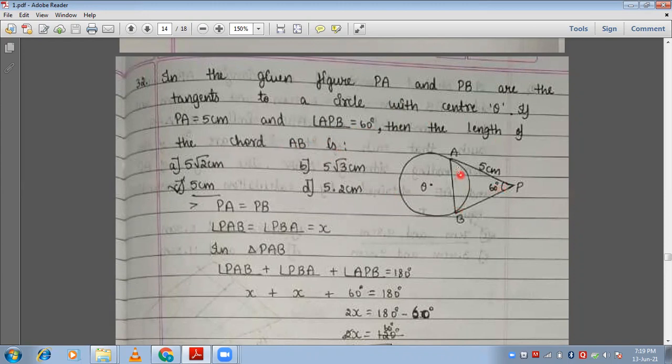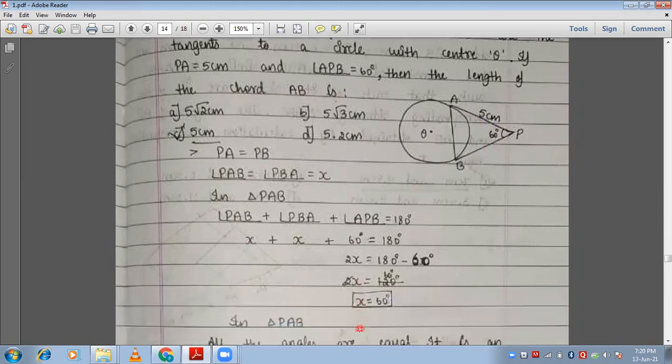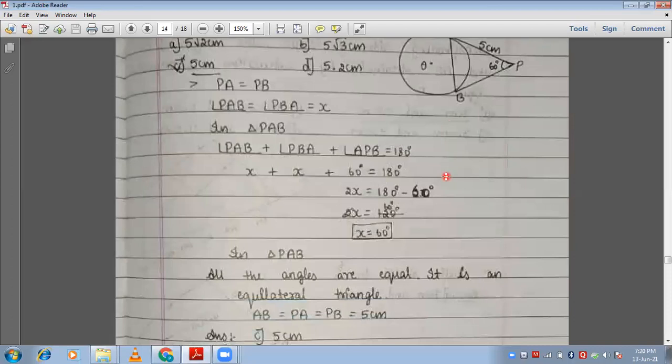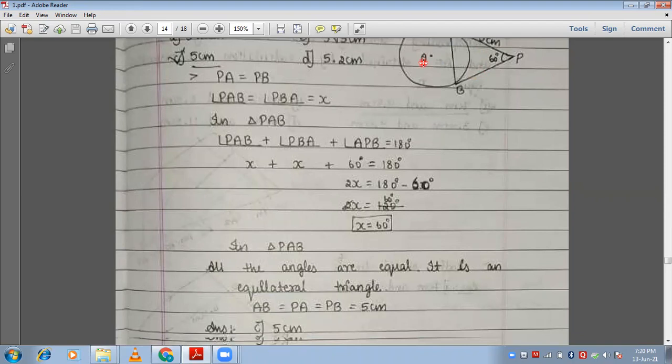So 60 degrees and two angles are equal. So what is this one? Equilateral triangle. An equilateral triangle means all sides are equal and all angles are equal. So all angles are 60 degrees. Angle P is equal to angle A is equal to angle B is equal to 60 degrees. Then the sides are also equal according to the equilateral triangle. So 5, 5, 5. So the length of the chord is 5 centimeters.